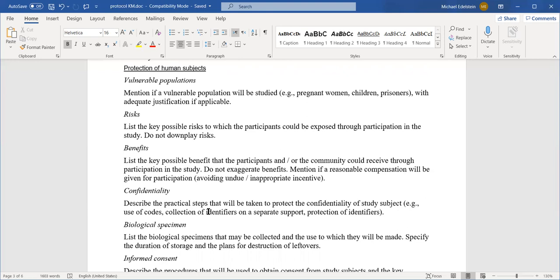So thinking about what the potential risks to patients are is important. And it's particularly important if you're dealing with a vulnerable population: children, people with mental health issues, prison populations, whoever it is.